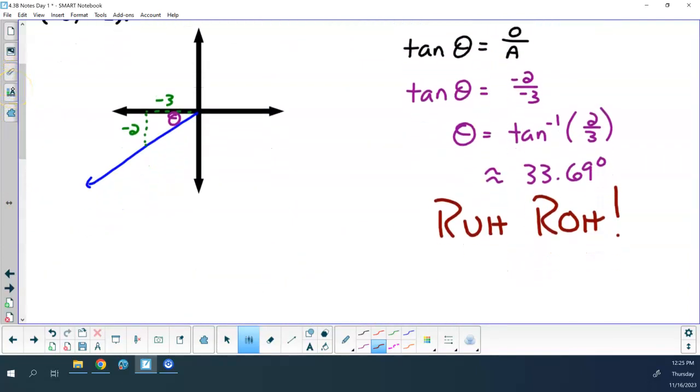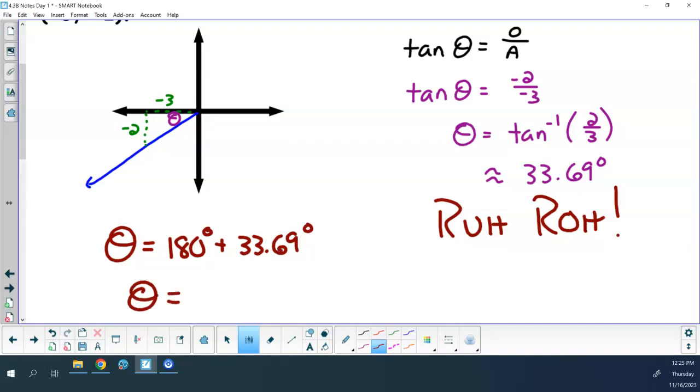So really here, our theta should be 180 degrees plus 33.69. So our actual theta here, in quadrant 3, would be 213.69.